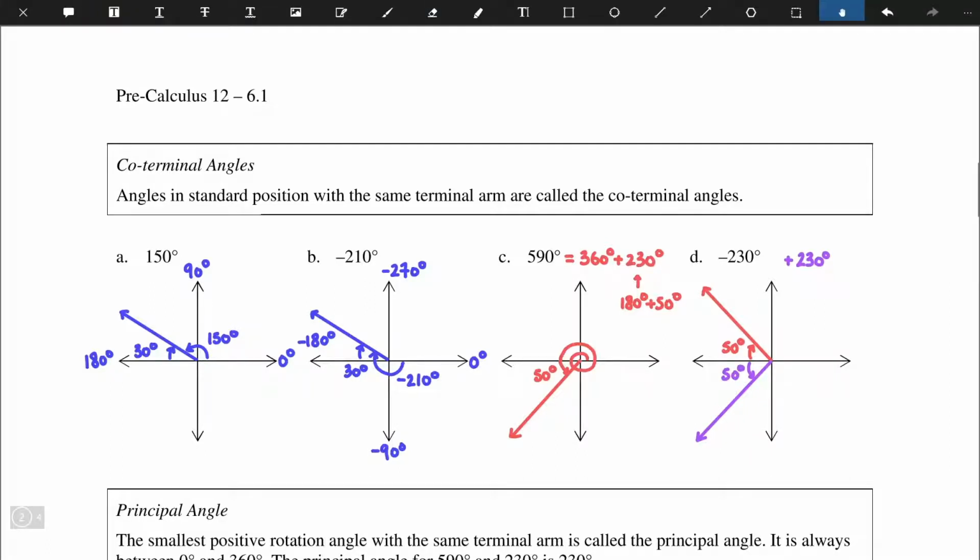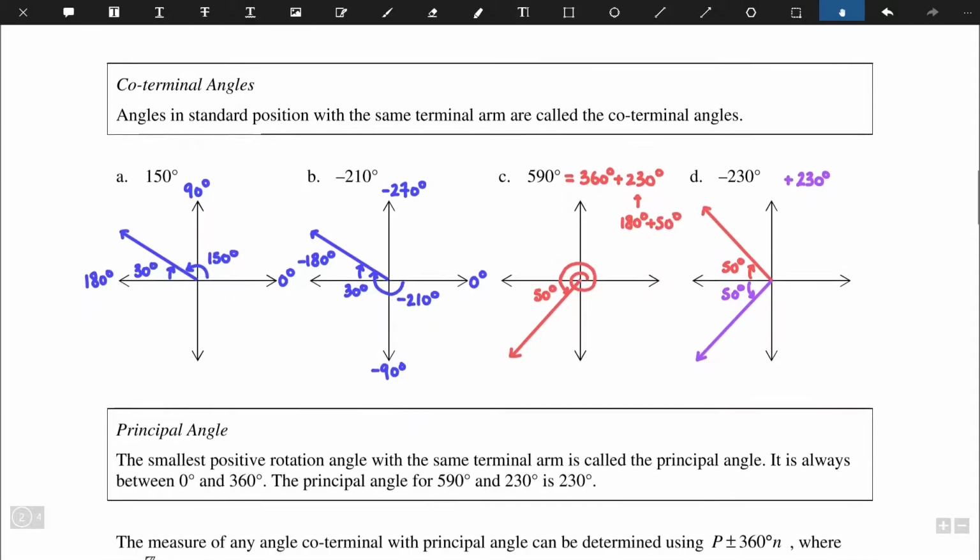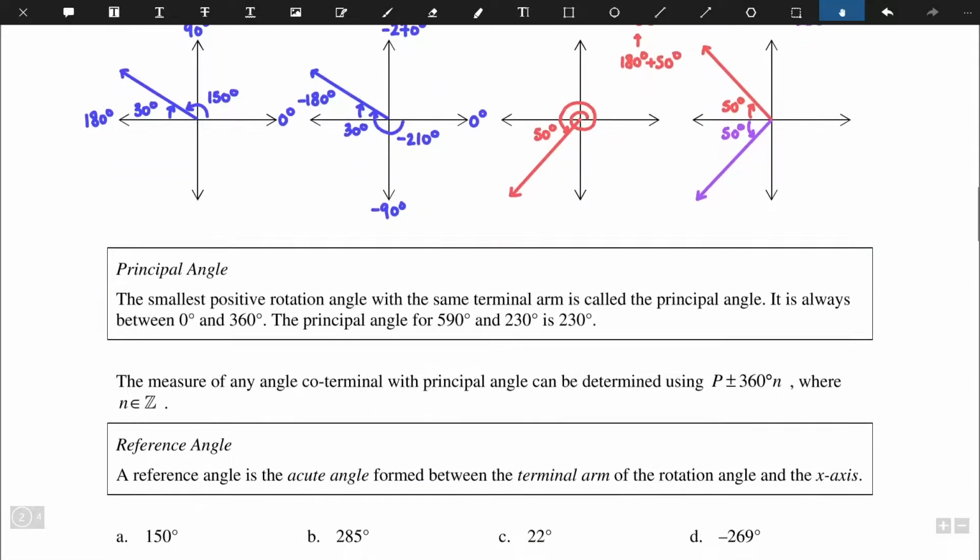So the idea of coterminal angles is that we can start with any angle and add or subtract integer multiples of 360 degrees and have a coterminal angle. To simplify our work, it is often a good idea to have what's called a principal angle, which is the smallest positive rotational angle that has the same terminal arm.